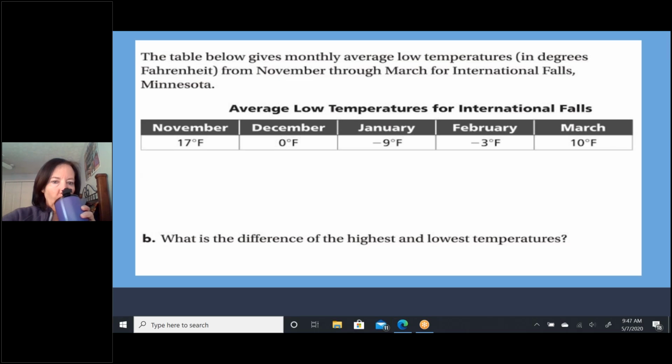Okay. Table gives a monthly average of low temperatures. November to March.